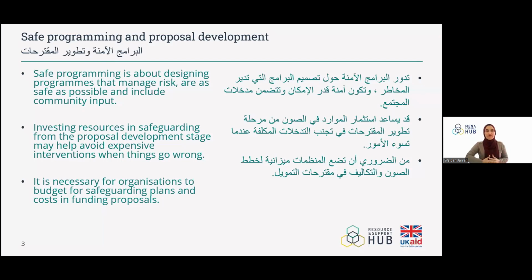In fact, before we talk about how a project or proposal development can integrate safeguarding, I would like to say that developing a project or doing any proposal is an important part of the project management cycle. It's the vision, when the idea starts and is first written on paper.